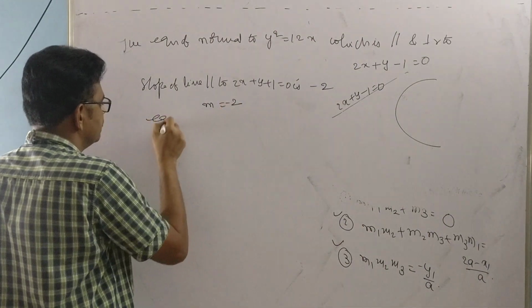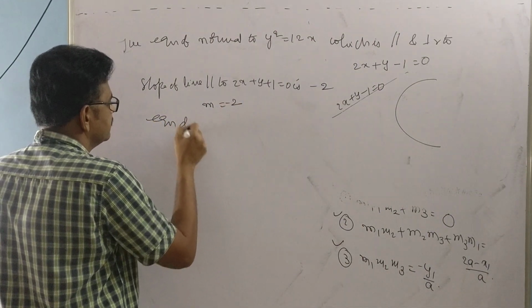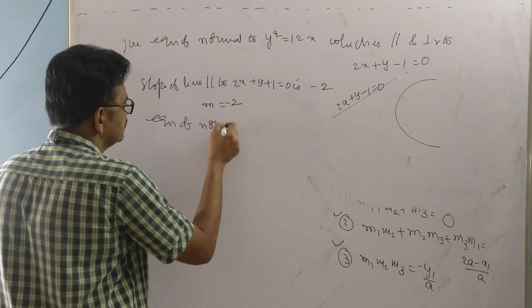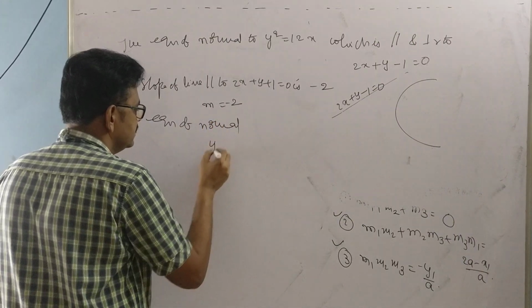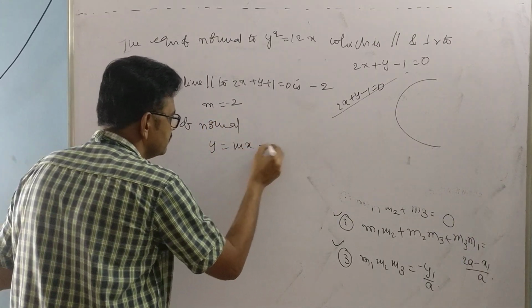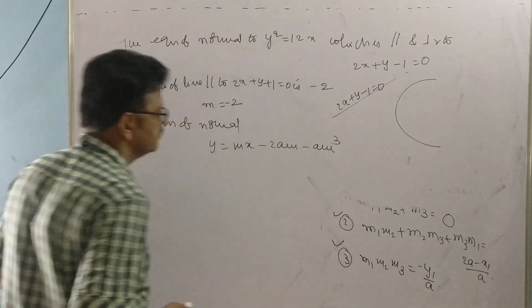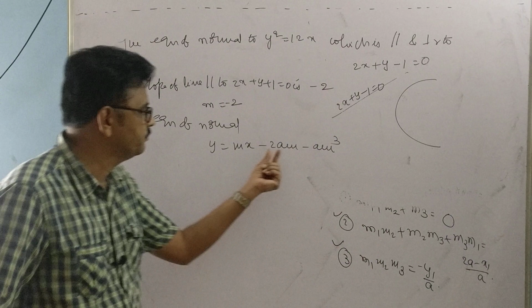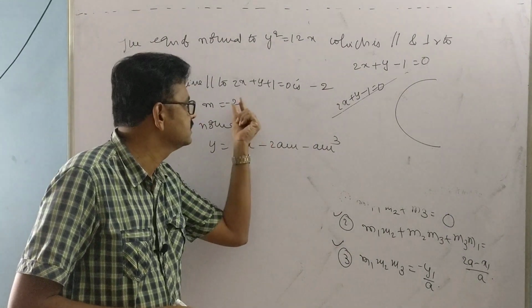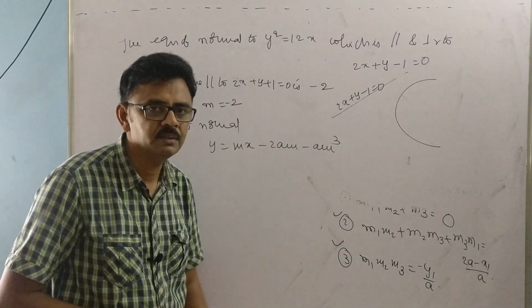So equation of normal is y is equal to mx minus 2am minus am cube. Without this formula, it is difficult to find out the normal equation.